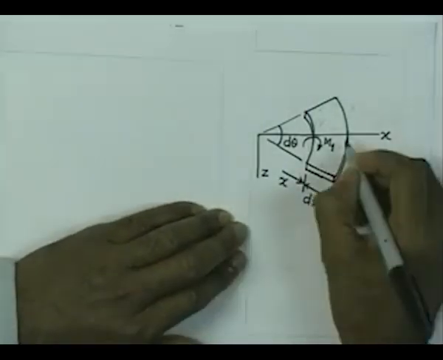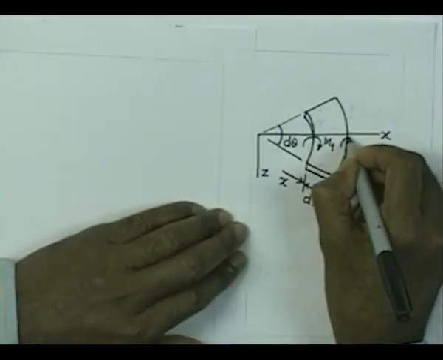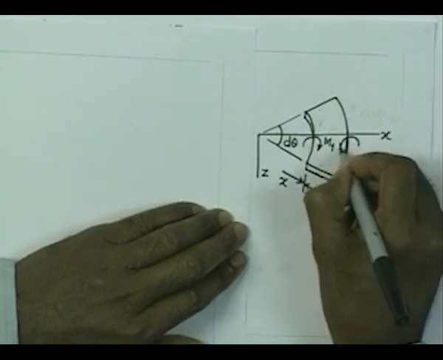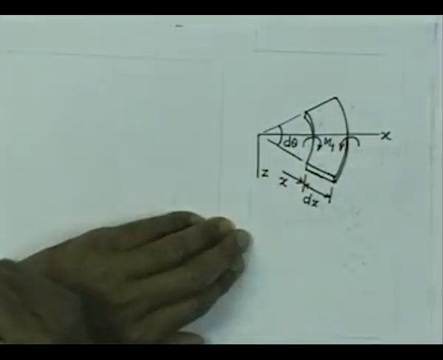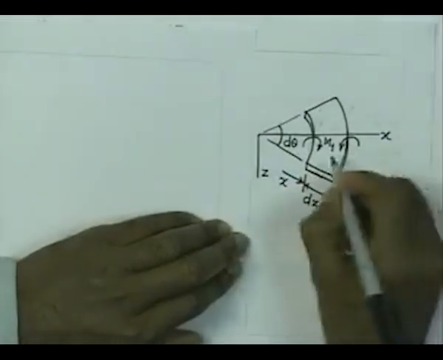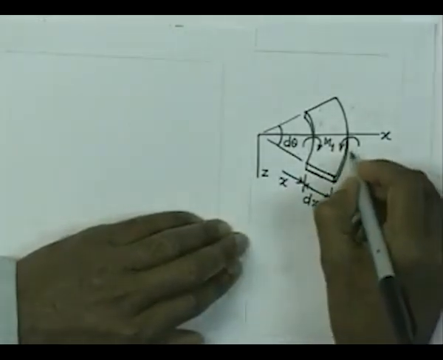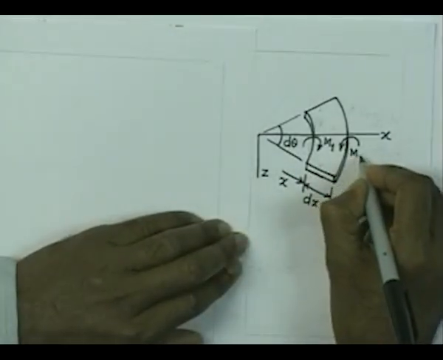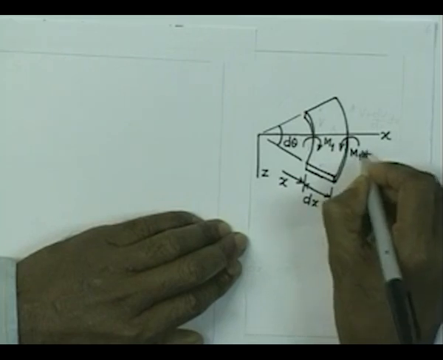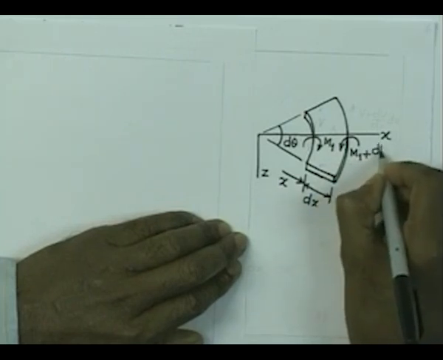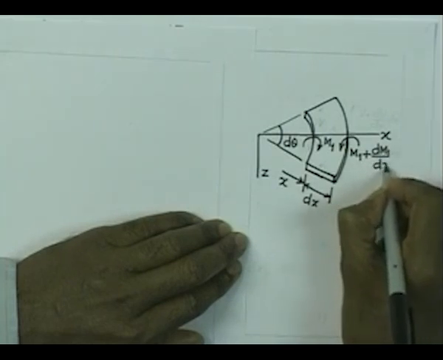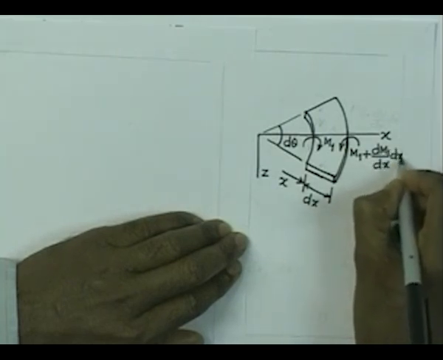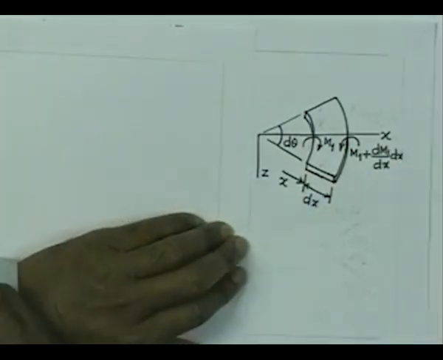Here we are going to get some bending moment per unit length of the circumference. It need not be the same as the other one. So, we can expect a change in the value of the bending moment to have a general situation. We can write the bending moment per unit length here as m1 plus dm1 by dx into dx at this face.